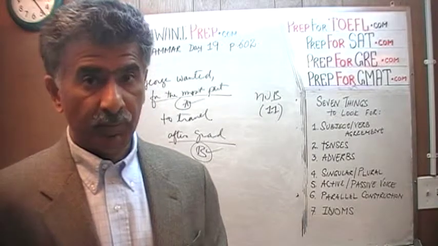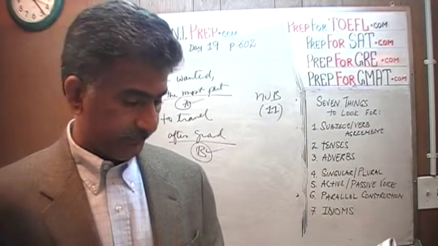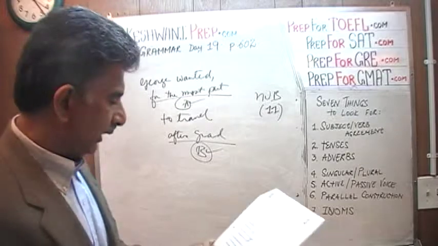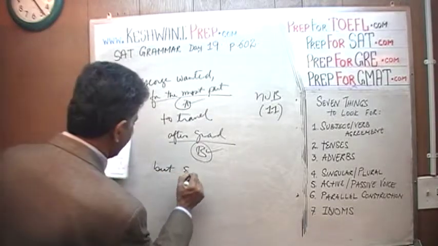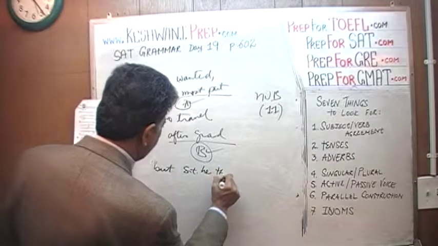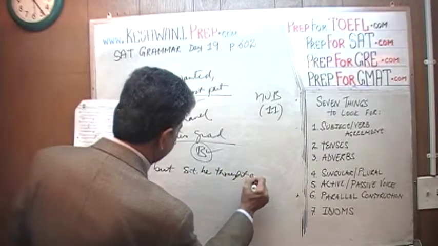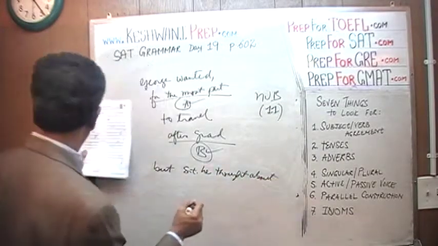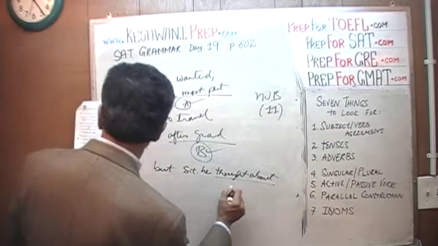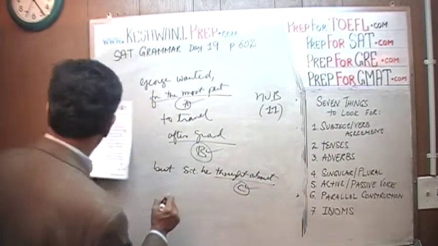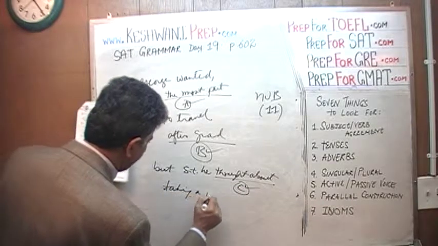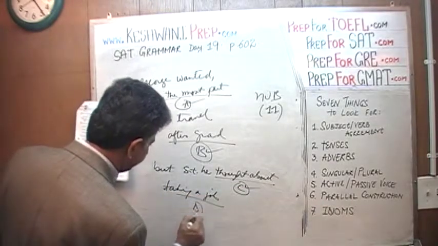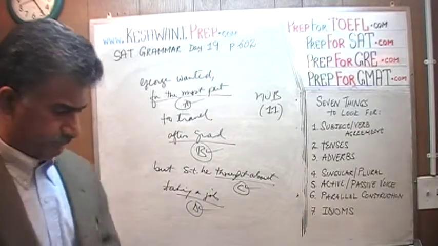So the answer we know now at this point is not A or B. But sometimes he thought about, which is also fine so far, taking a job, which is also fine.